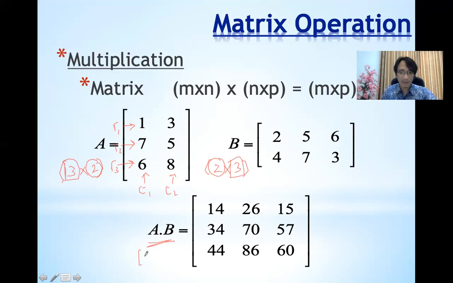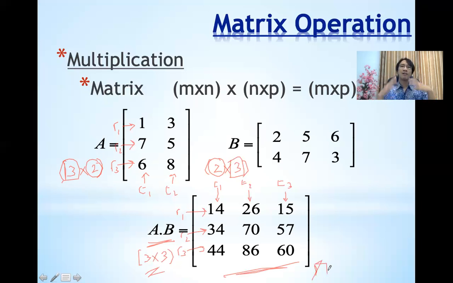So the result of A times B must be 3 times 3. Look, row 1, row number 2, row number 3, and 3 columns. So the result is correct.